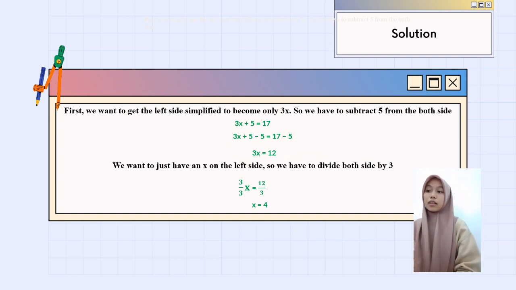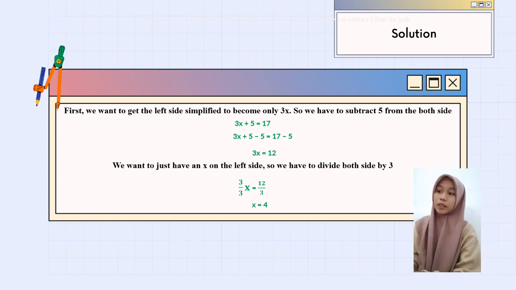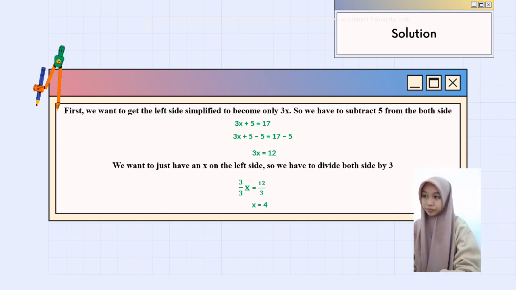This is the result. 3x equals 12. Next, we want to have just x on the left side, so we have to divide both sides by 3. So 3x over 3 equals 12 over 3. So we have x equals 4.